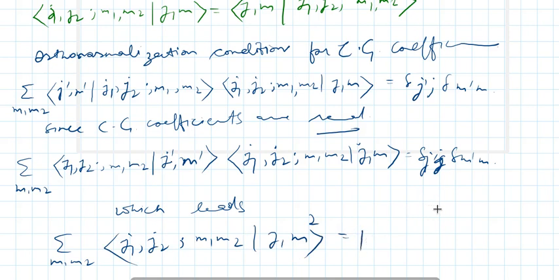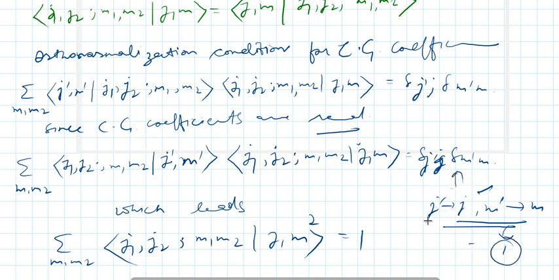Here we have used the idea that j' is equal to j and m' is equal to m, and then these delta functions reduce to 1.